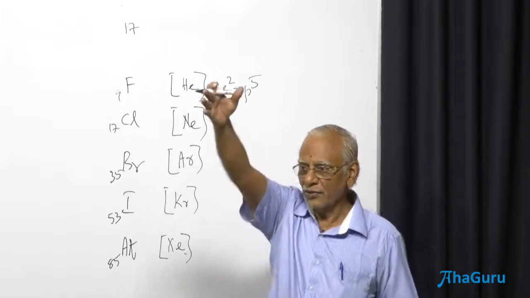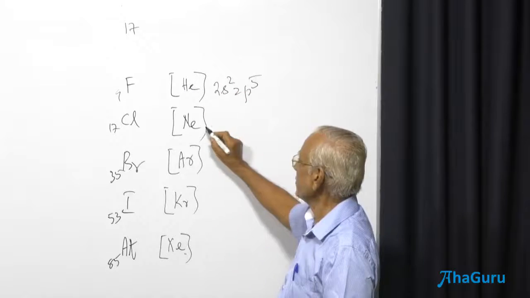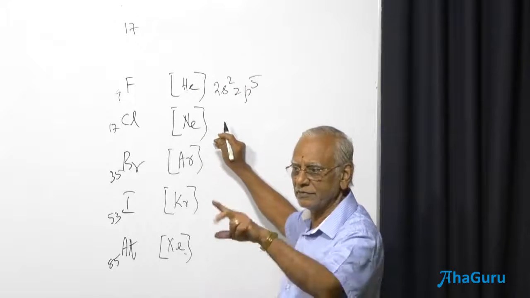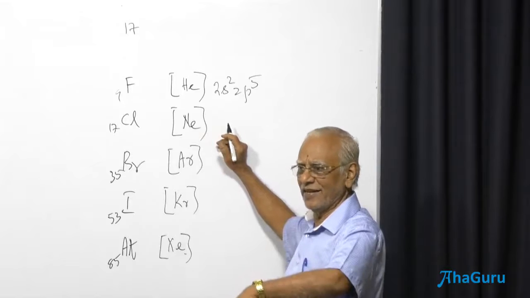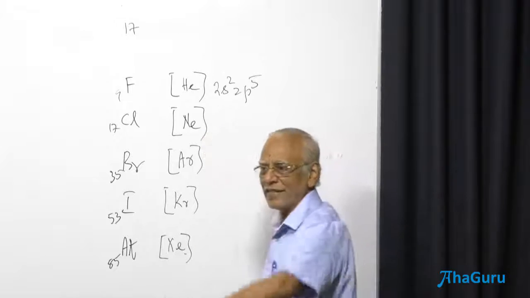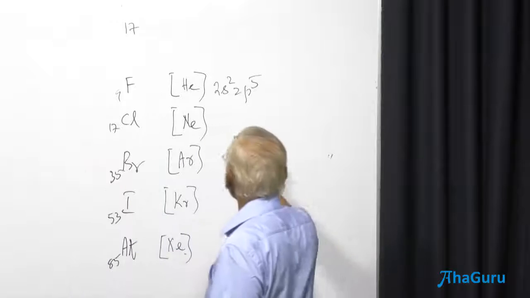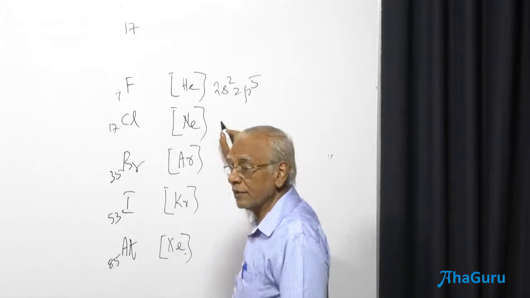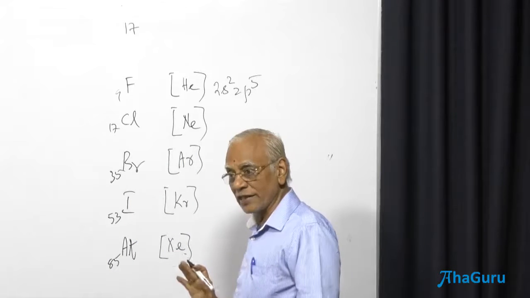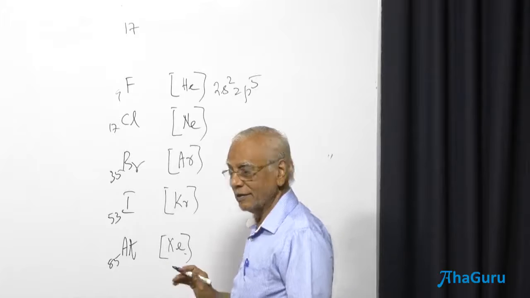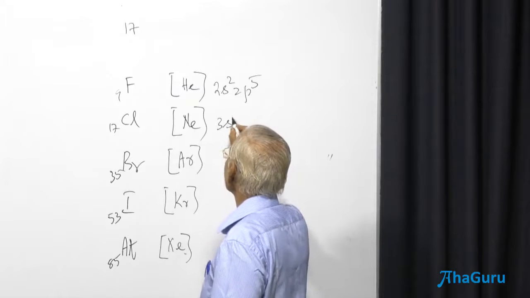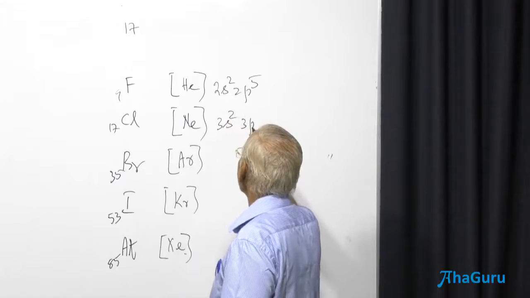Okay. You lost there. What should this be? Neon? Look at your notebook. 3d5? There are no s electrons? 3s2, 3p5.